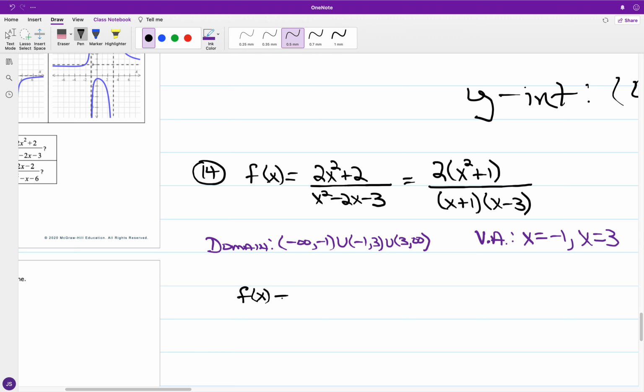And if we look to see what other asymptote there might be in existence, in the numerator we have n equal to 2. In the denominator, we have m equal to 2. For the degree comparison, we have n equal to m.